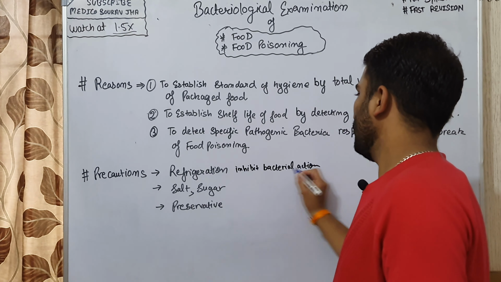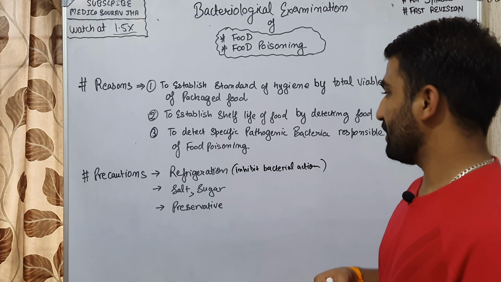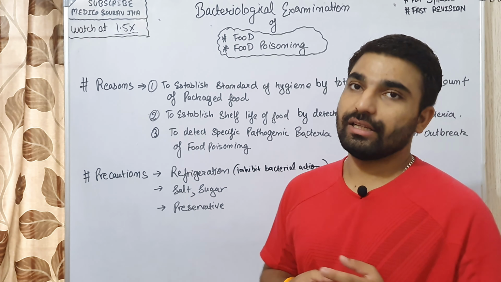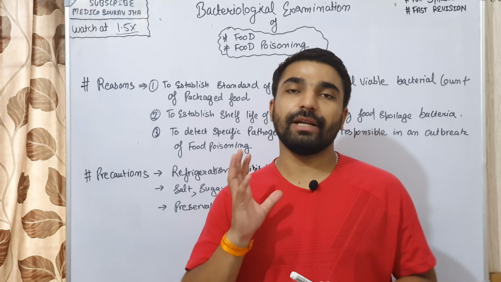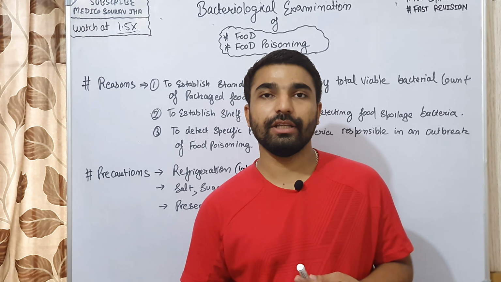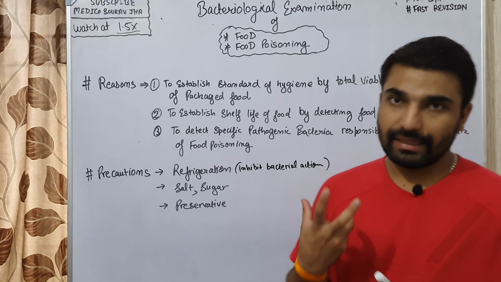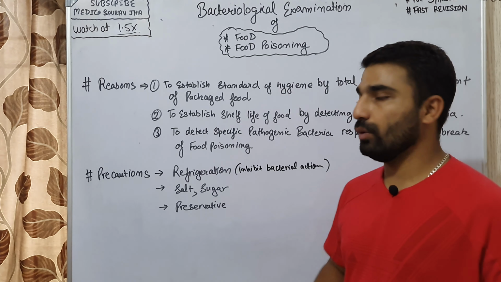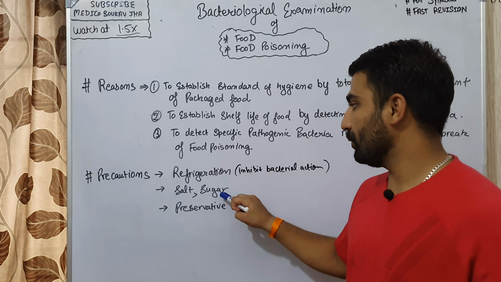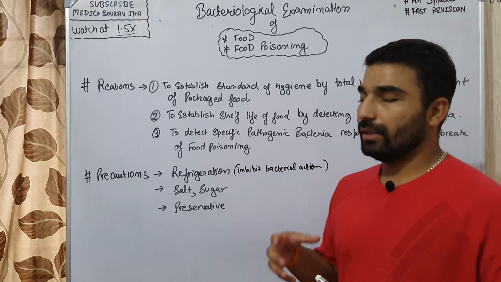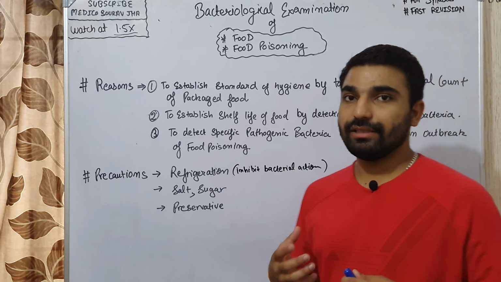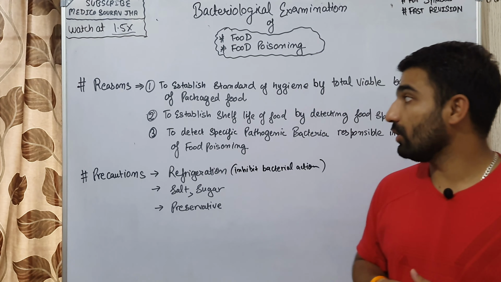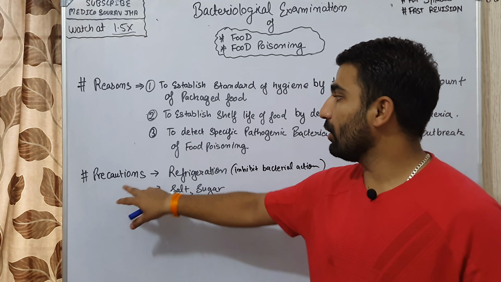Okay, refrigeration is a very good process by which the cycle, the processes and the metabolism going on in the bacterial cell are slowed down. By salt and sugar, the water from the bacterial cell actually comes out and the bacteria die, and some preservatives are also used as a precautionary measure.